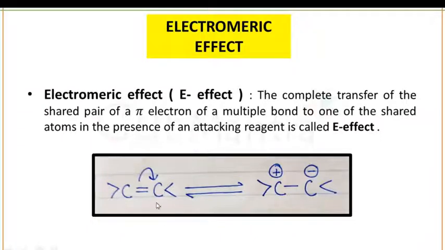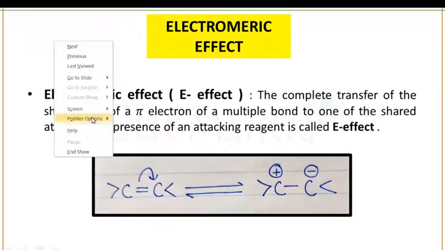As you can see here, this is your double bond containing a pi bond. In electromeric effect, there is always a complete transfer of the pi bond.